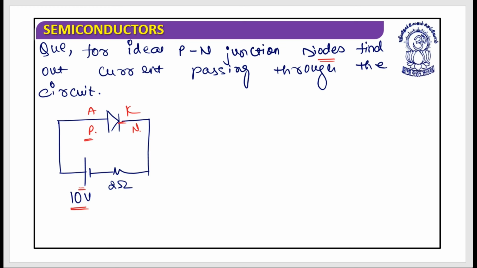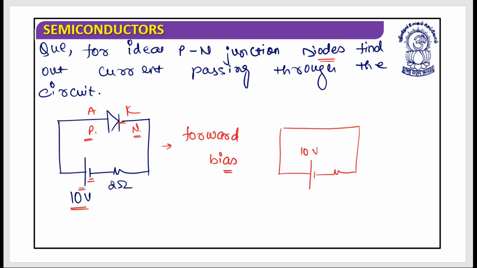As the P type material has been connected with the positive terminal of the battery and the N type material with the negative, this is the forward biasing, and as this diode has been forward biased, it will behave as a closed path, something like this. So this is 10 volt, this is 2 ohm. So the current is equal to 10 divided by 2 ohm.